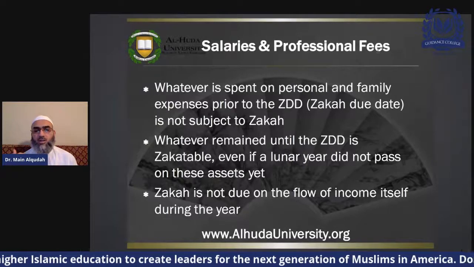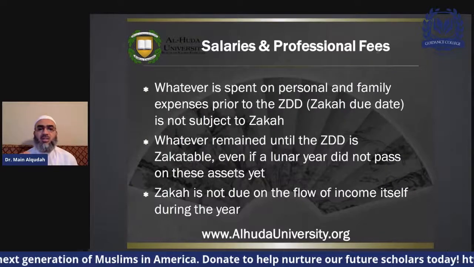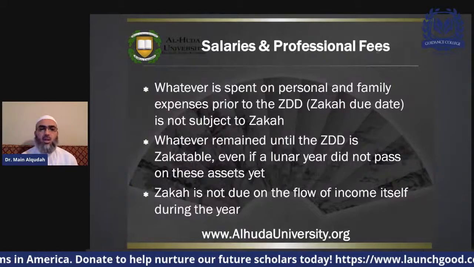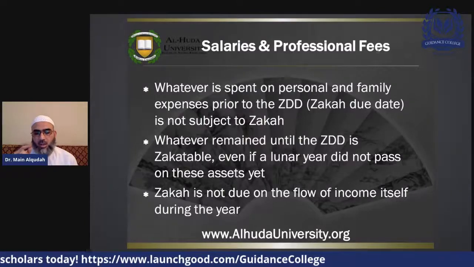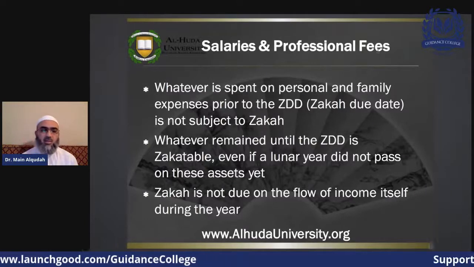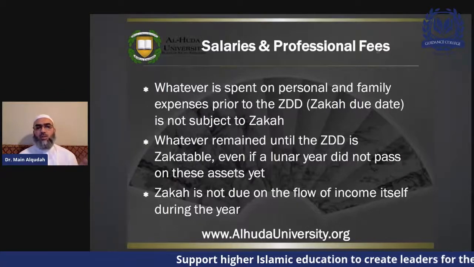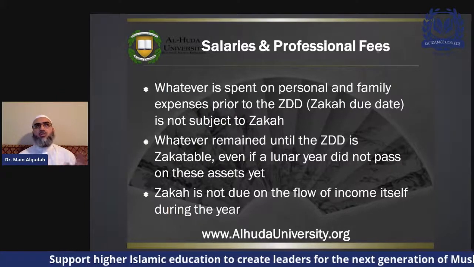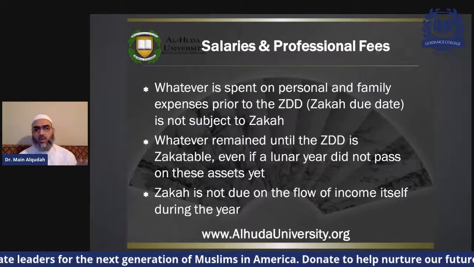This is actually incorrect. What you need to consider here is the passage of one lunar year of the nisab itself, the threshold itself. I'll give you a practical example. An attorney who has his own law firm, and there is no other source of income for that attorney other than the law firm, right?